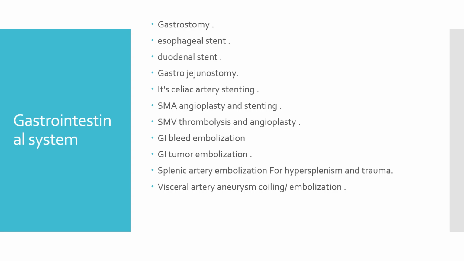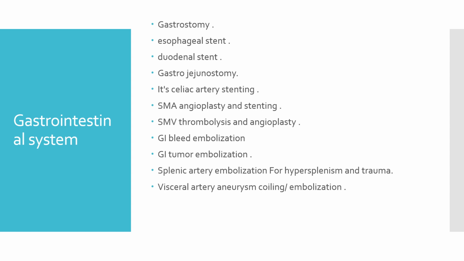And whenever there is a thrombosis, we try to thrombolyse and do an angioplasty for SMA. When there is an SMA thrombosis, we try to aspirate and do an angioplasty or put in a stent.